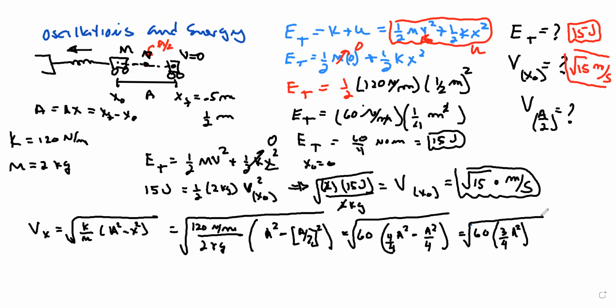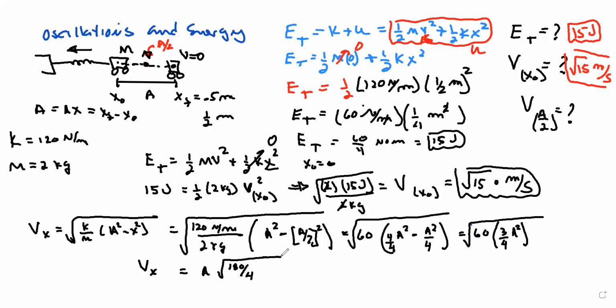Okay. So let's do it over here. So this is the velocity at any x, at any point. You can pull the a out of the square root. And then you have this one, which is going to be 180 divided by 4.